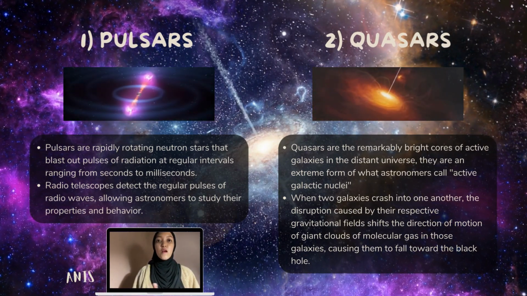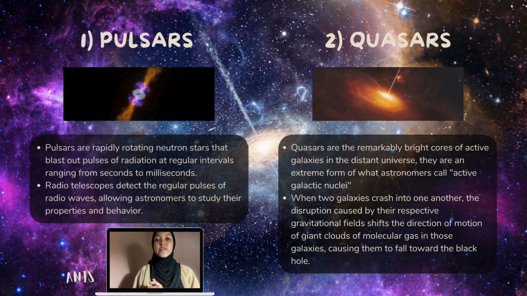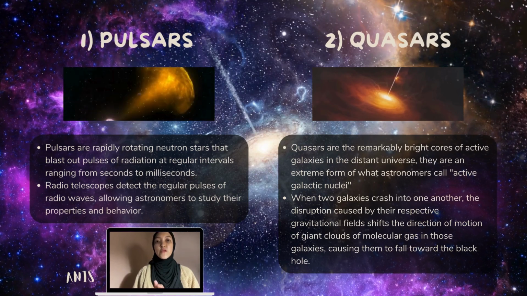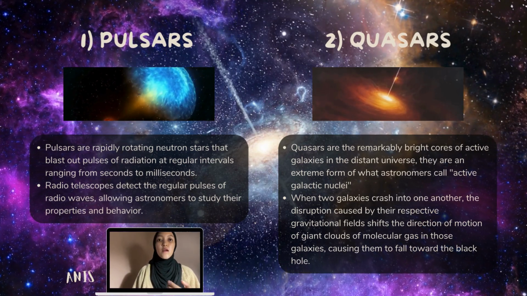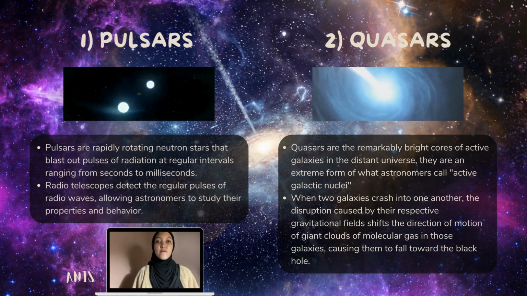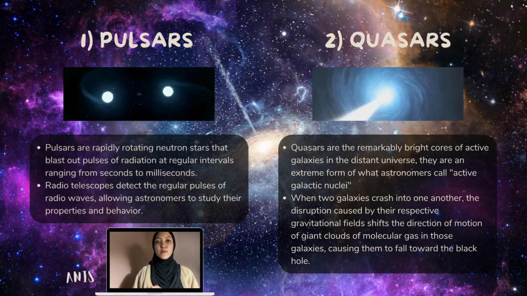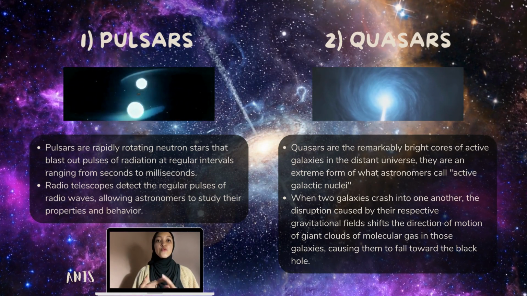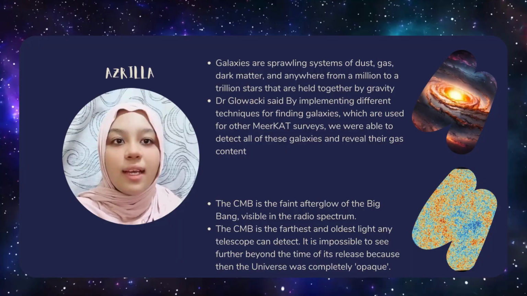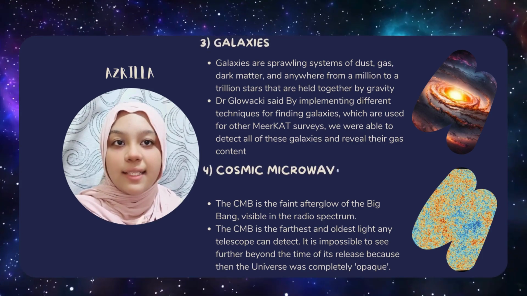The disruption caused by their respective gravitational fields shifts the direction of motion of giant clouds of molecular gas in those galaxies, causing them to fall toward the black hole. Radio telescopes observe the strong radio emissions from quasars, providing insight into the early universe and the nature of black holes.